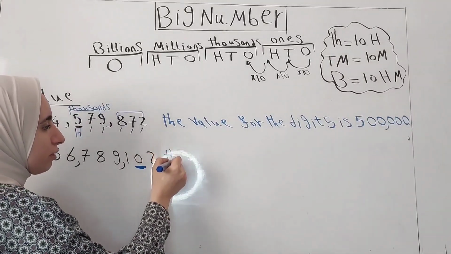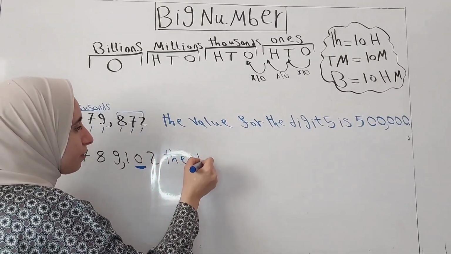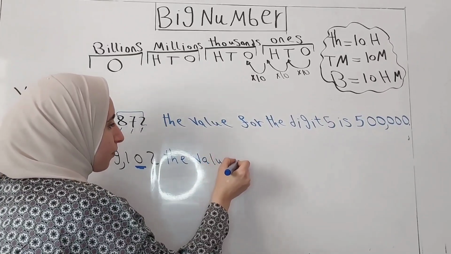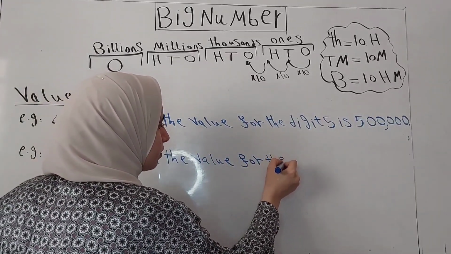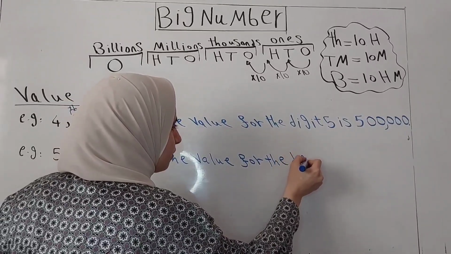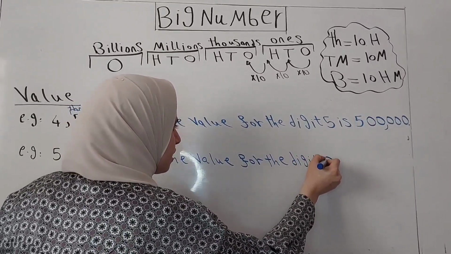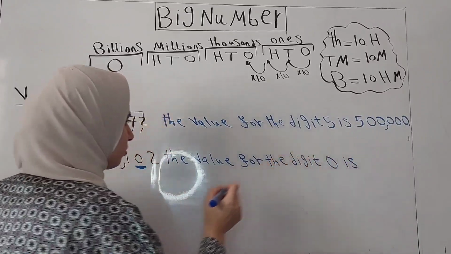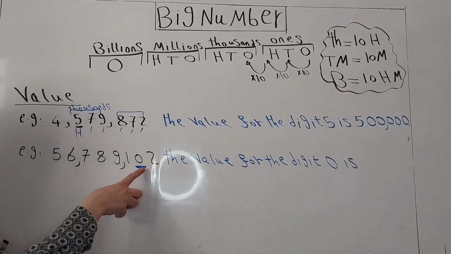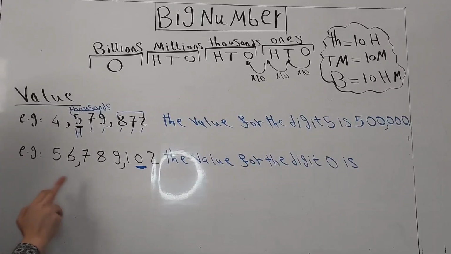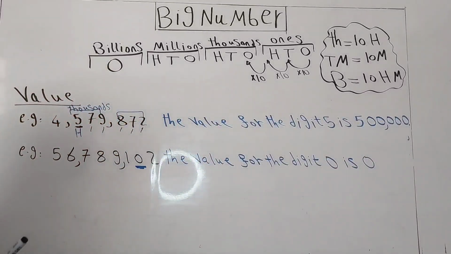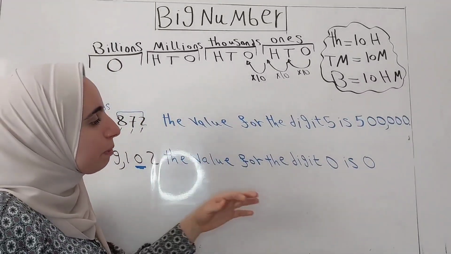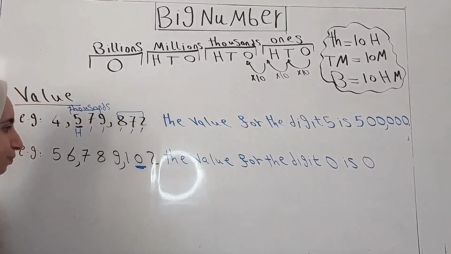The value for the digit 0 in any place will be 0. So the value of 0 in any place equals 0.